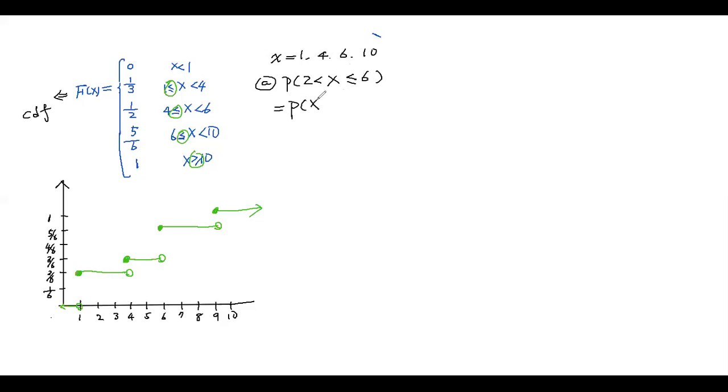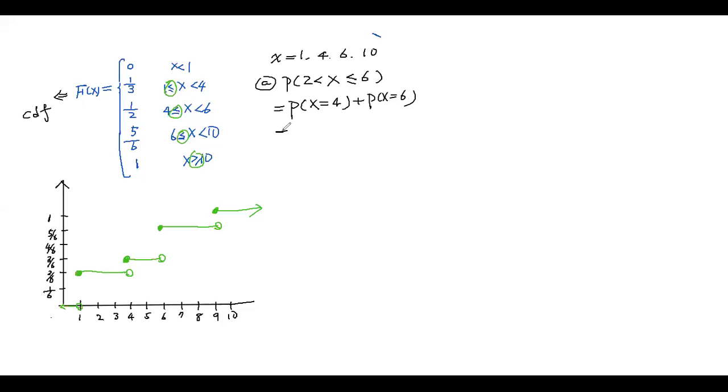So this is really X equal to 4 plus X equal to 6, because X has to be greater than 2, so 1 is not included.